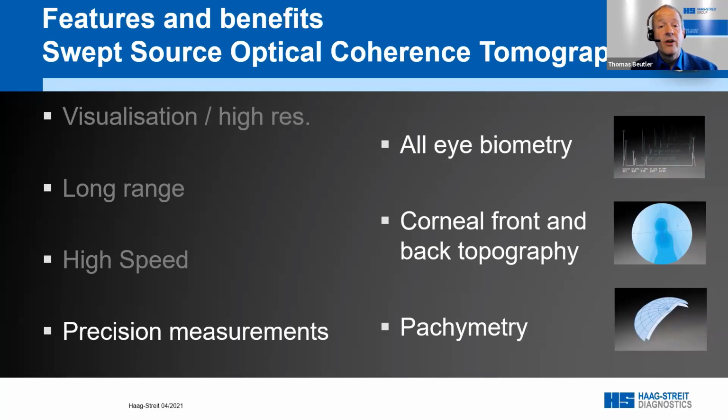Then we have corneal topography of the front as well as the back surface. So we see the entire cornea, not only just the anterior section, but also the posterior section. And we also get information on the thickness of the cornea, on the entire structure. So we have pachymetry maps available throughout the entire cornea.